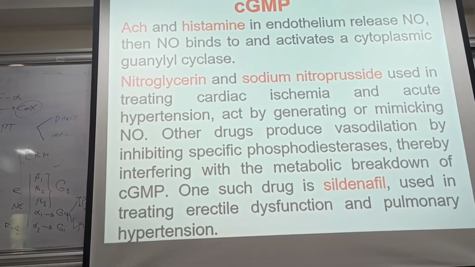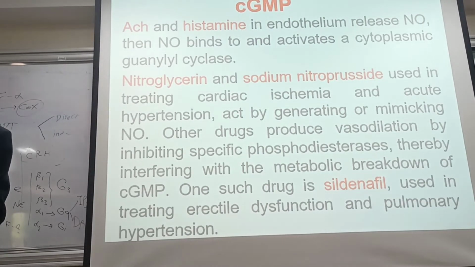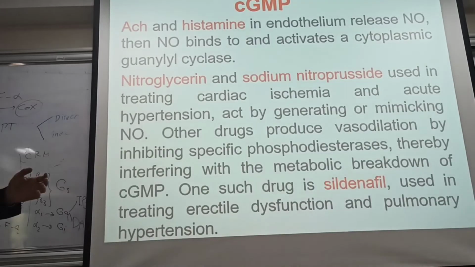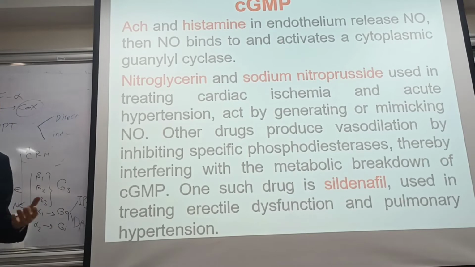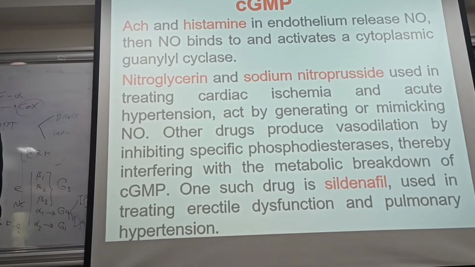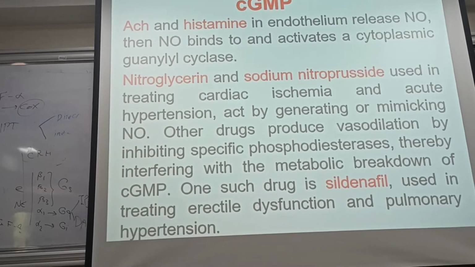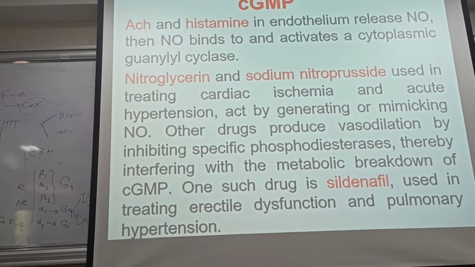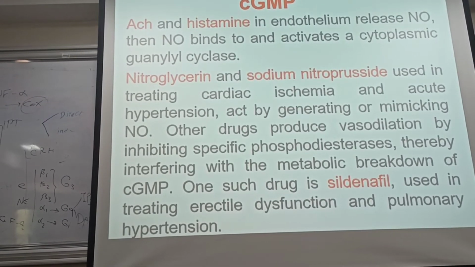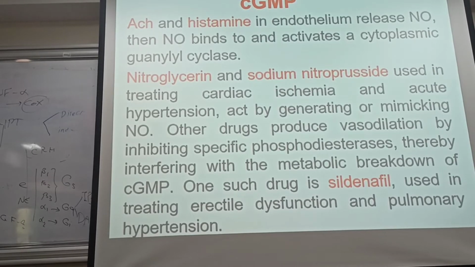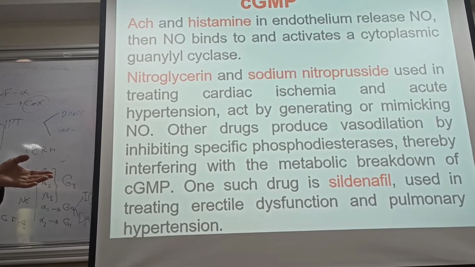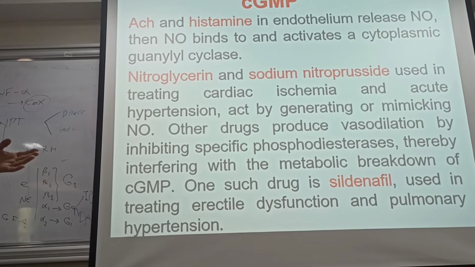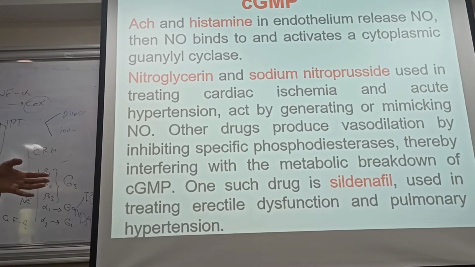Phosphodiesterase number 5 can metabolize cGMP. So when we inhibit the enzyme, we prevent metabolism of cGMP. And cGMP in the penis can cause vasodilation and erection. So it's used for male sexual dysfunction.